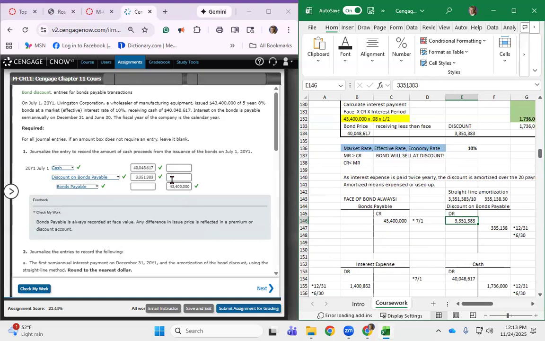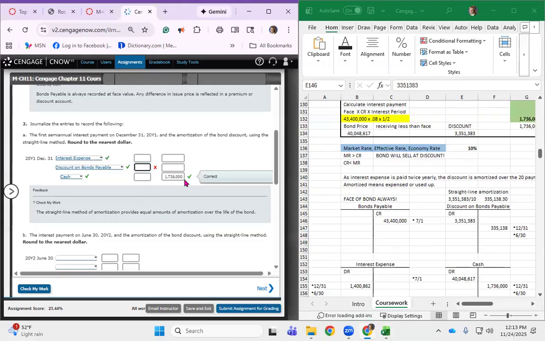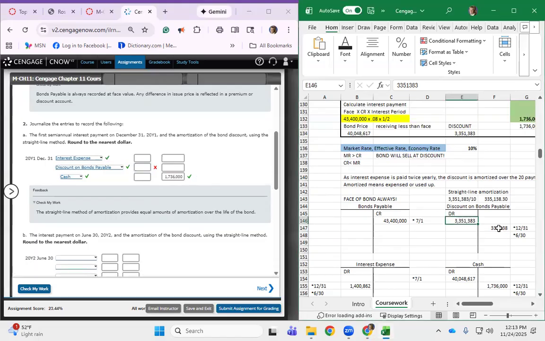These two numbers have to add up to the interest payment. So we got the interest payment figured out, right? Then you're supposed to subtract the amortization of the discount from this amount. I divided by 10, and let me just put this in one more time. 3,351,383 divided by 10.